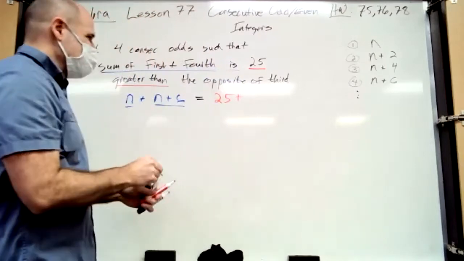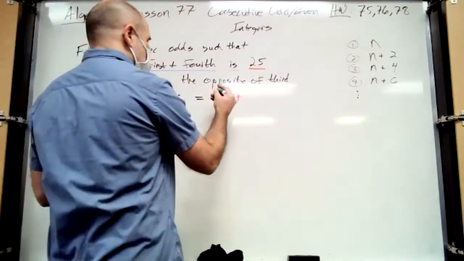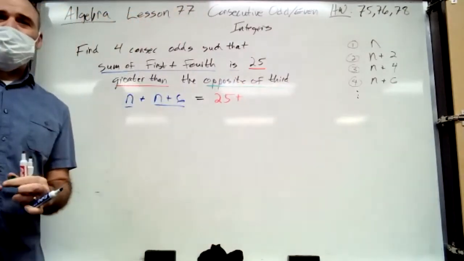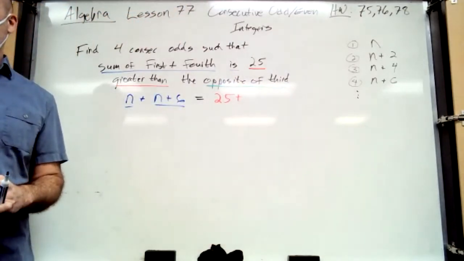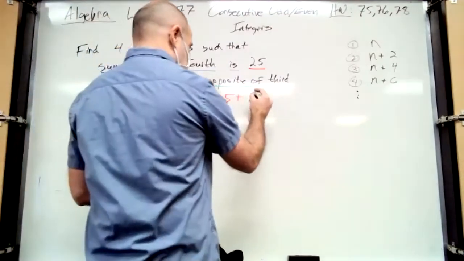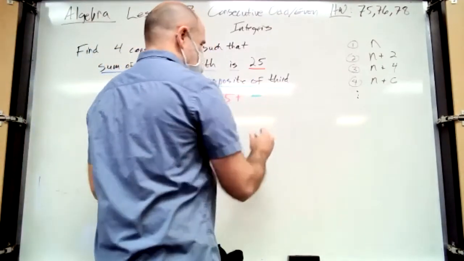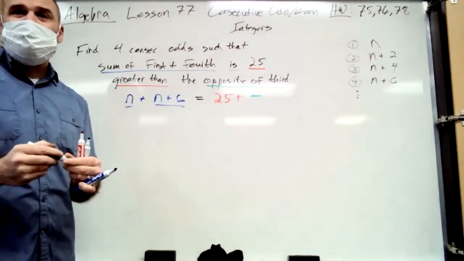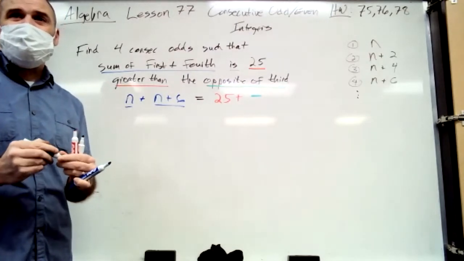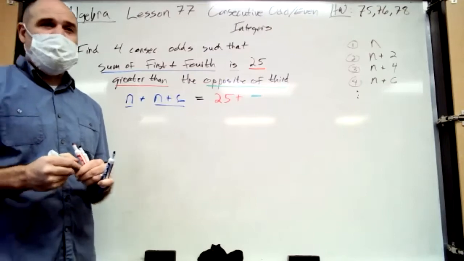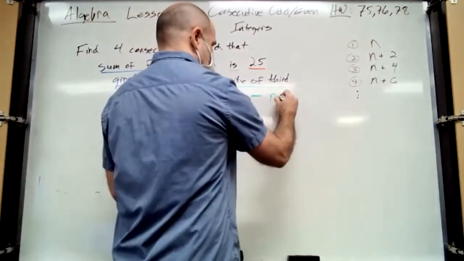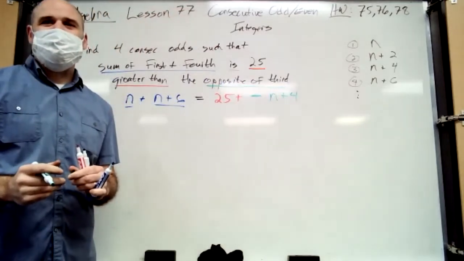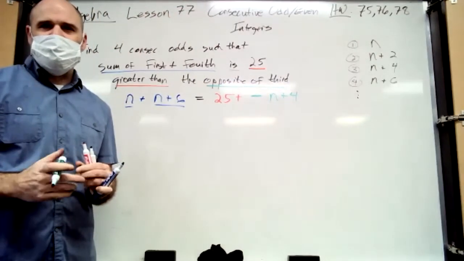Okay. So how do you say the opposite of the third? What's the opposite mean in math? Negative. That's it. Opposite just means negative. So I want to oppositize the third. What's the third? N plus 4. So do I just do this? Why not, Elkin? You're shaking your head.